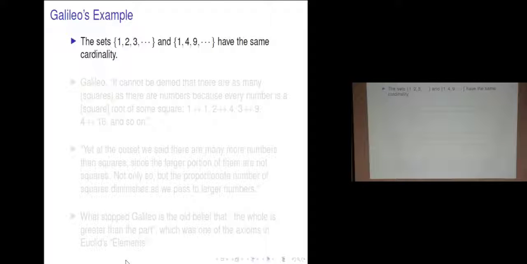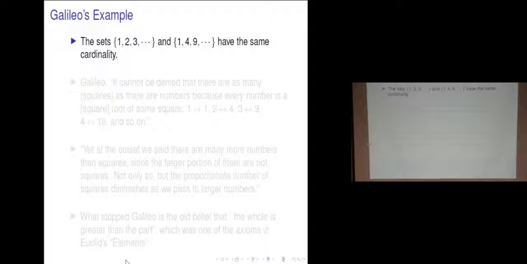Okay, but the one-to-one correspondence between the numbers, people noticed it a long time ago. In the 17th century, Galileo, the famous physicist, noticed this. This example actually is due to him.